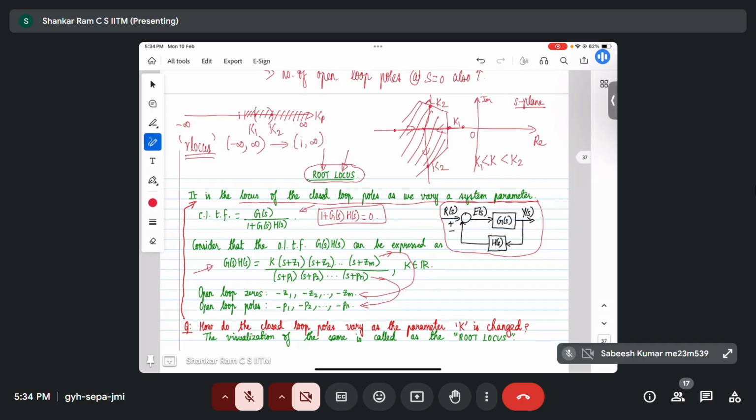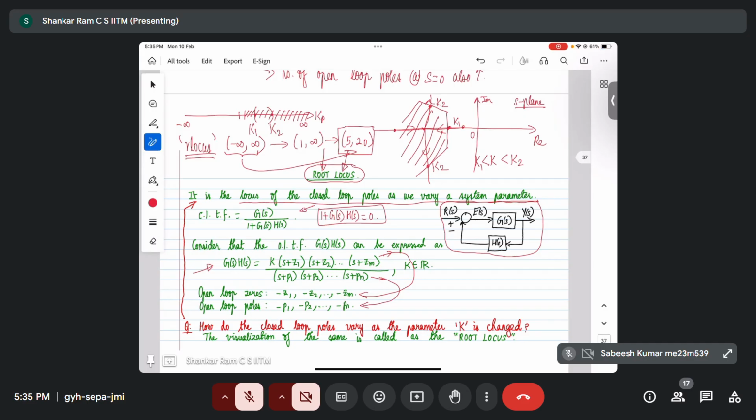Then by using root locus, we go to K1 equal to 5 and K2 equal to 20. So we have progressively improved things, because we started from minus infinity to plus infinity and have come to a very finite range. That is the advantage. I hope it's clear.